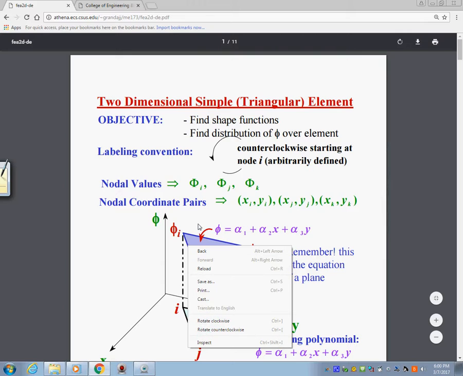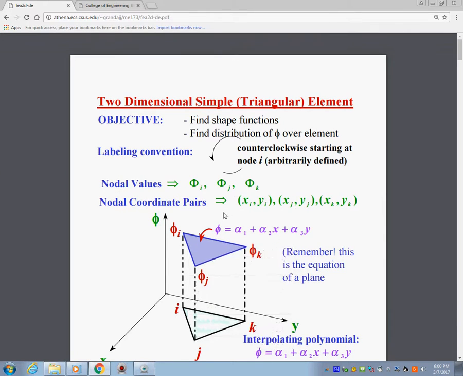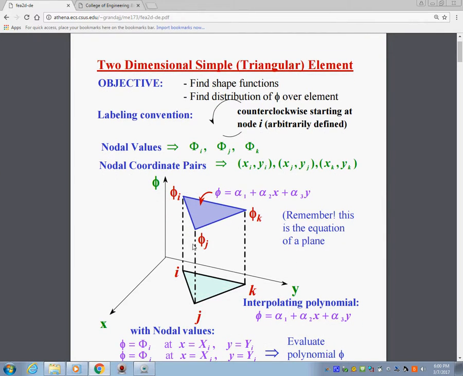For the solution we would also have phi sub I, phi sub j, and phi sub k. Okay? And the equation of this plane would be alpha 1 plus alpha 2 plus alpha 3 coefficients, and this time we have x and y.